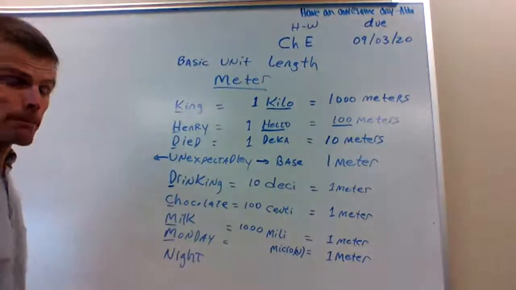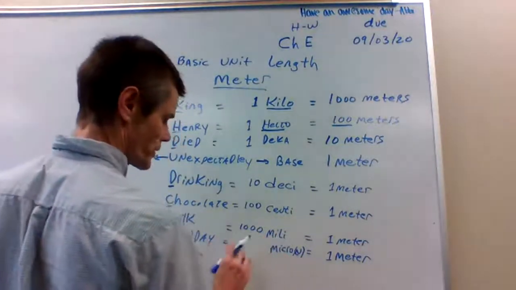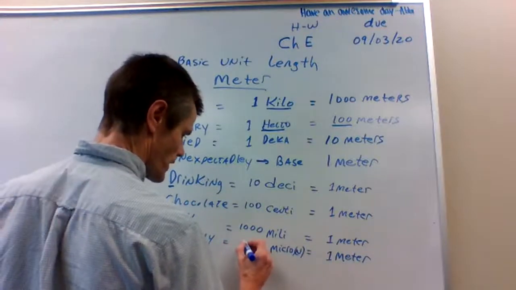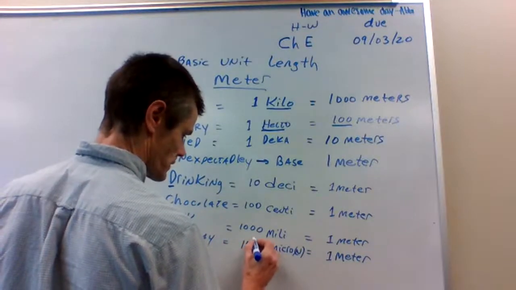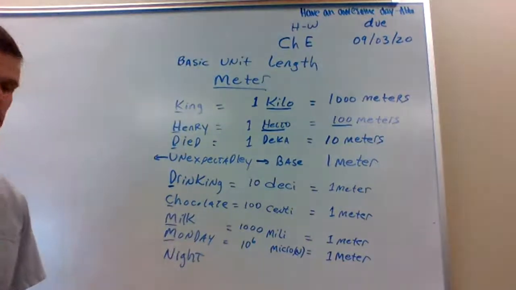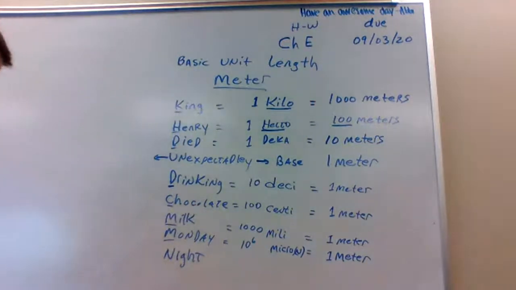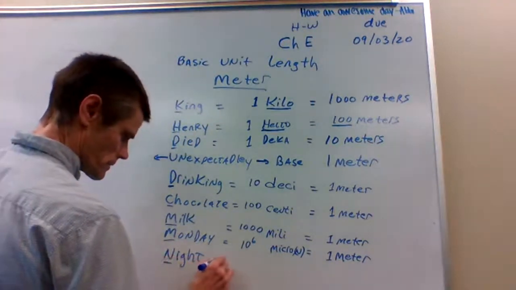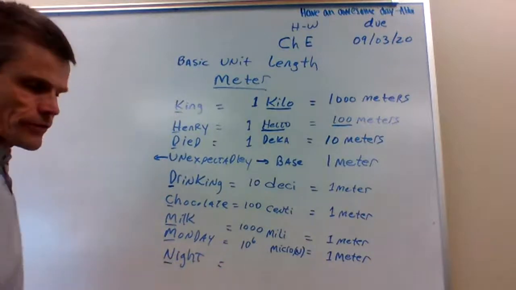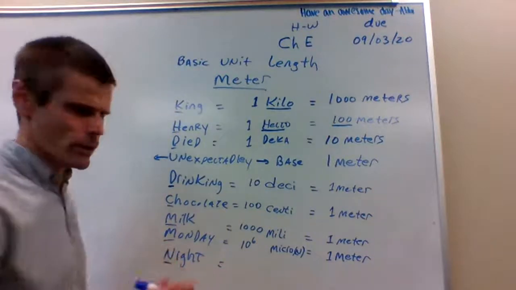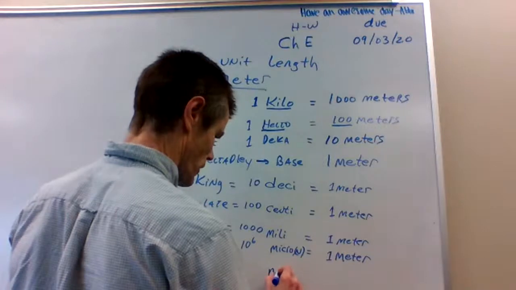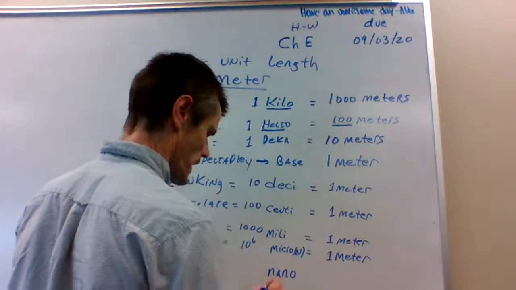There's 1,000,000 micrometers in 1 meter, or a nicer way to represent it is using a power of 10 to the 6th. Night, N, is the nano. Probably have heard of nanoscale. The nanometer.